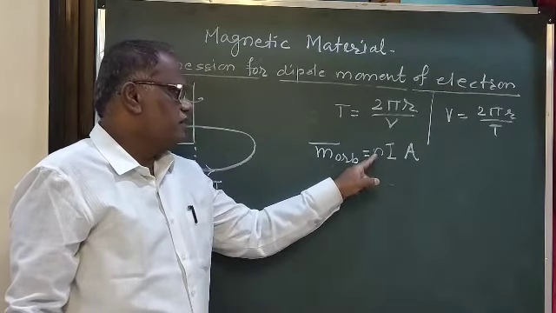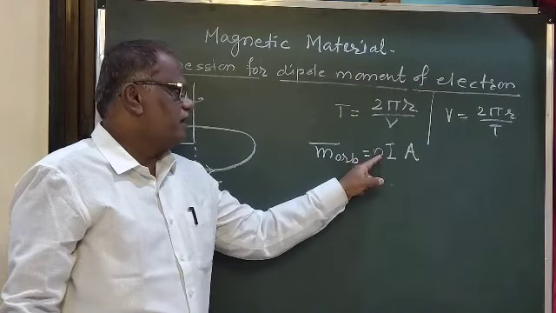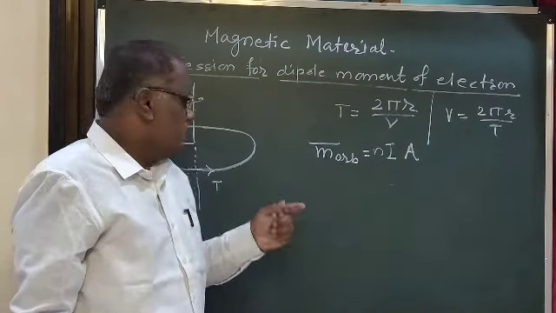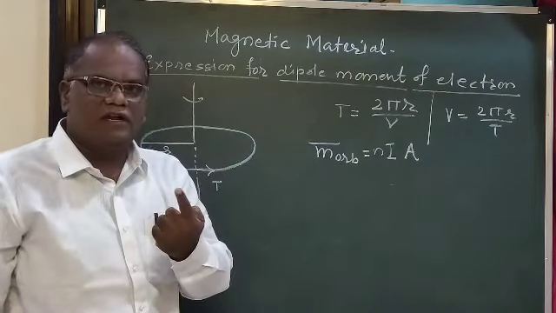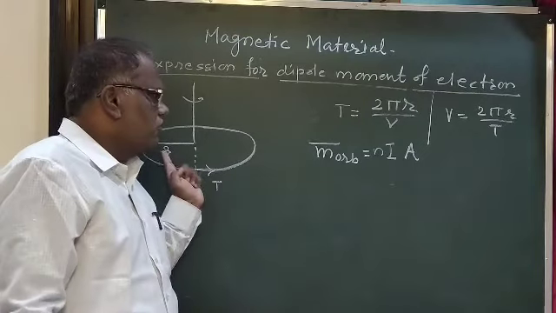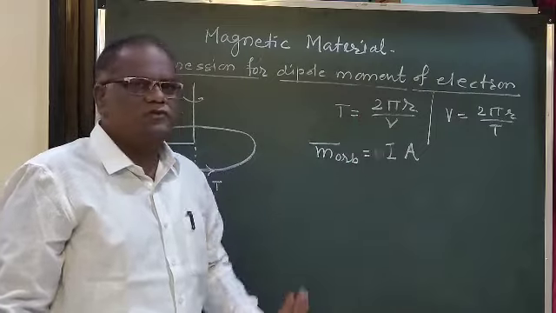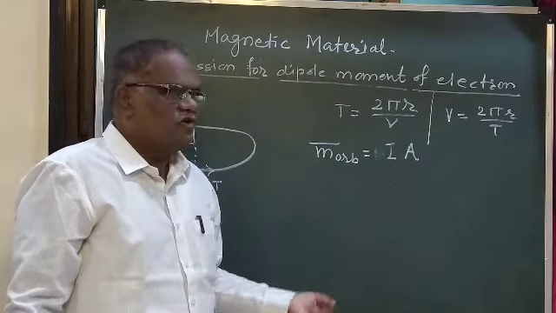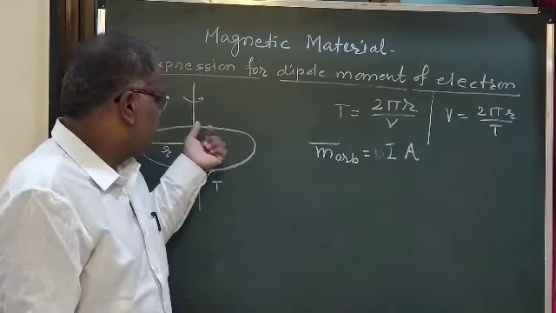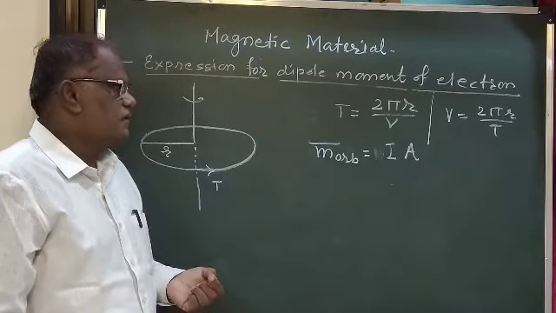We have studied magnetic dipole moment is given by NIA, where N is number of turns. Now in this example we are considering only one electron which is revolving around the nucleus. Hence just write down m orbit is equal to I into A. Here I is electron current and A is area of cross section.